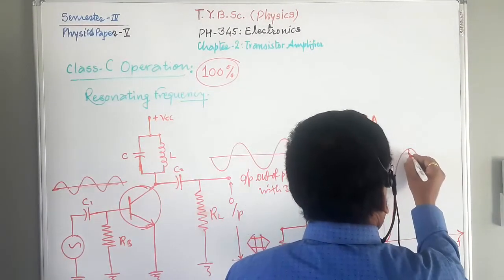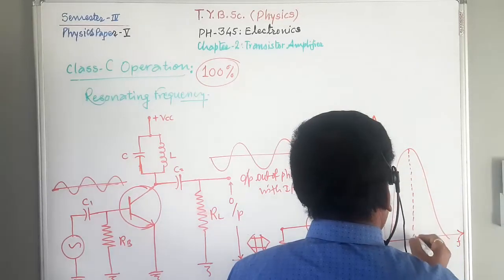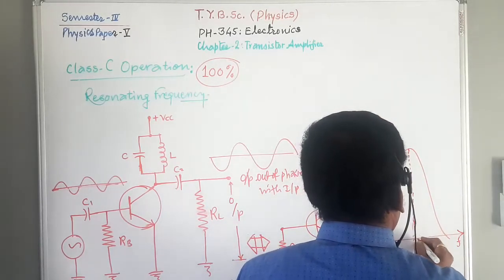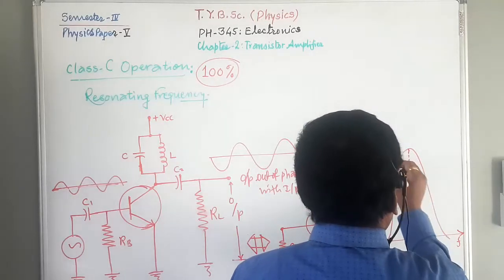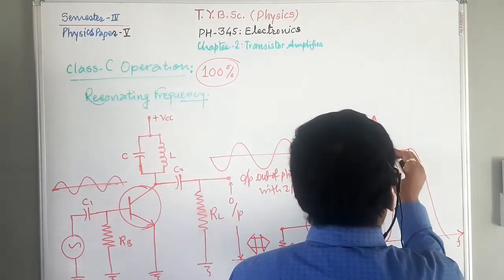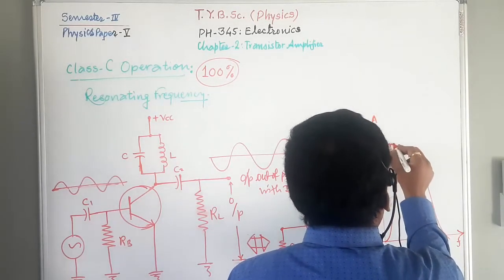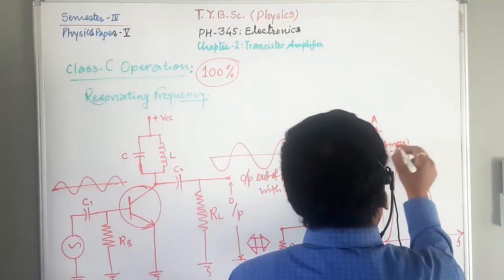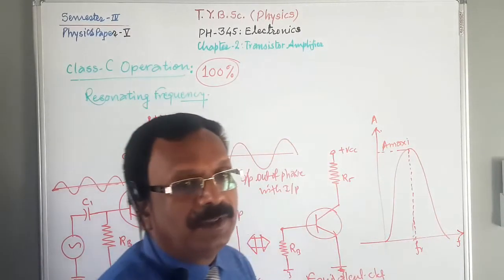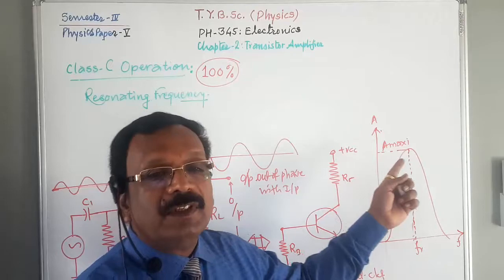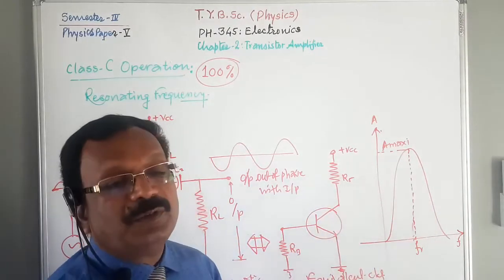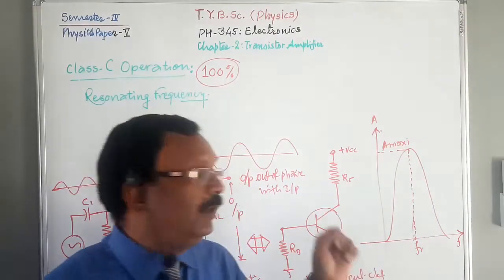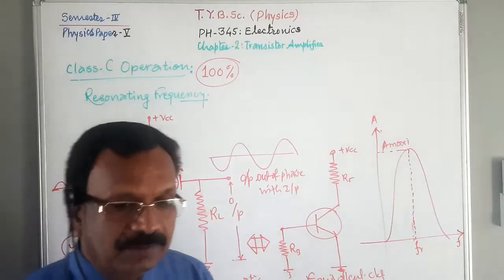Now at this point, at maximum gain, we have the resonating frequency. This is the maximum gain, A max. So this figure is also very important, which represents voltage gain versus frequency response.